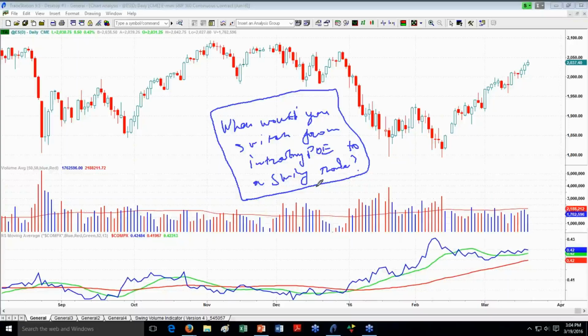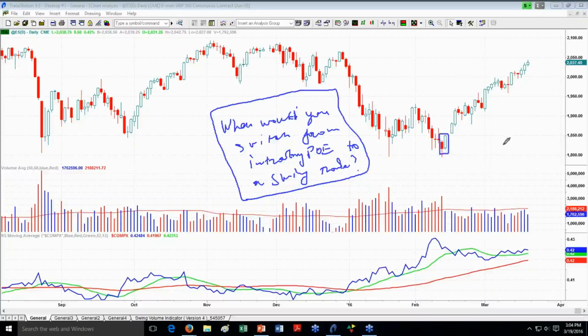Okay, so Karen is saying when the daily is the reversal bar. Okay, why don't we do this: when the daily is the reversal bar, Karen, why don't we identify that reversal? So when was the latest reversal? Somewhere here?